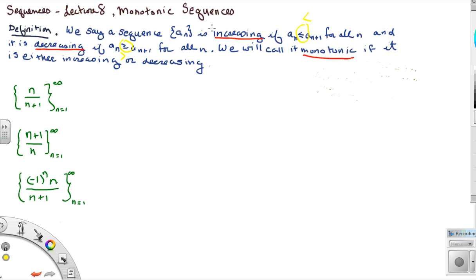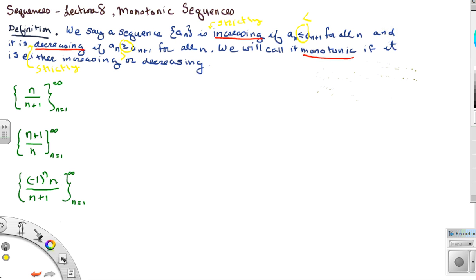I will call that strictly increasing if we have that strict inequality, or strictly decreasing, or strictly monotonic. But other than that, everything is really about the same.